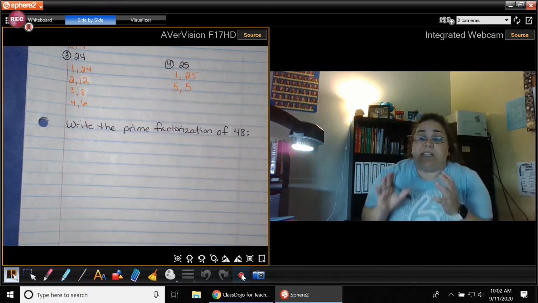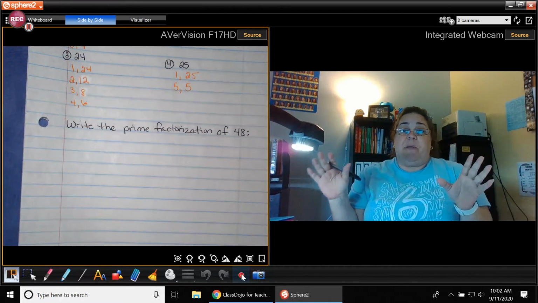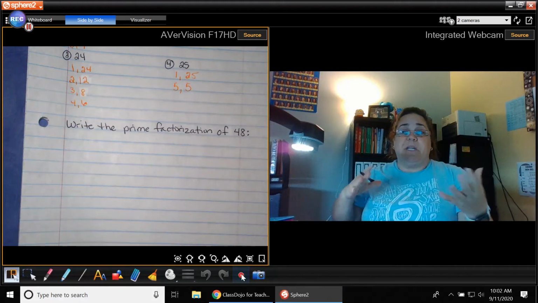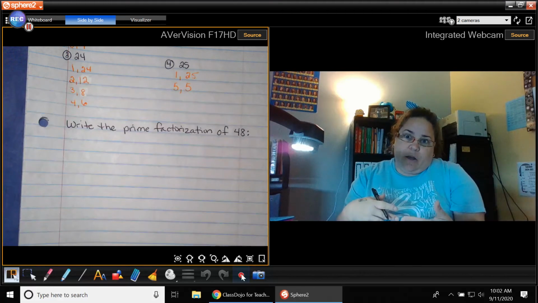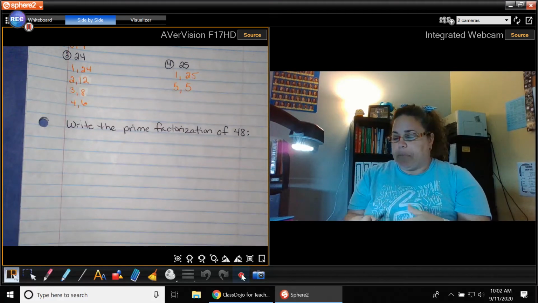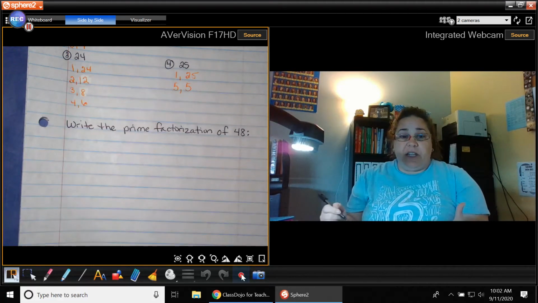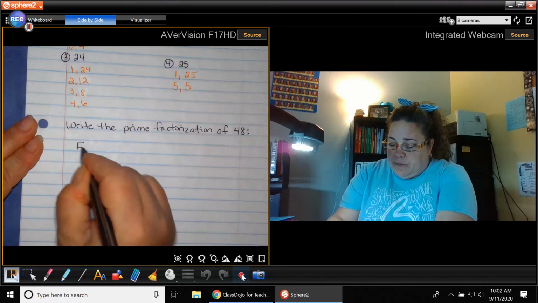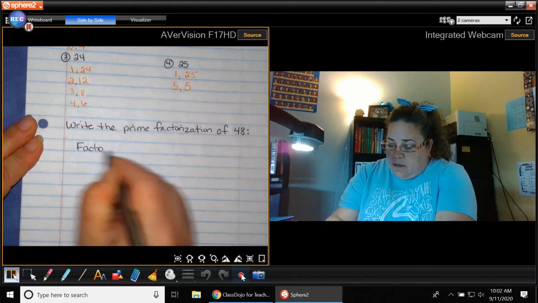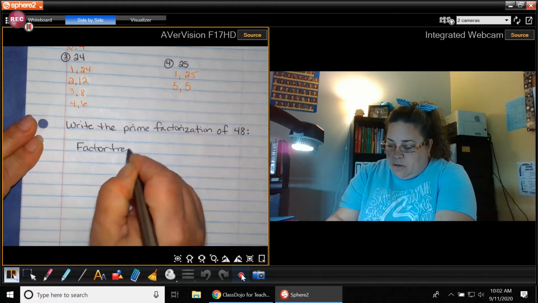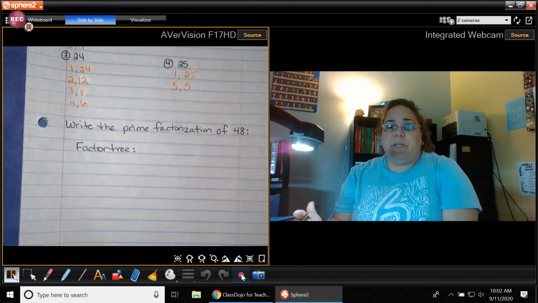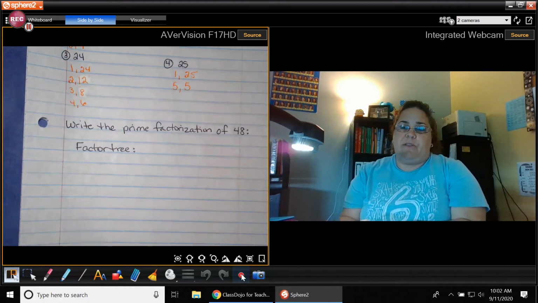Okay, so the reason why we did all those factor pairs, the practicing with the factor pairs, to talk about prime factorization is because knowing our factor pairs is going to help us with prime factorization, okay? All right, so the first thing that we're going to do, we are going to use a factor tree. Okay, what we're doing is we're starting off with the tree.